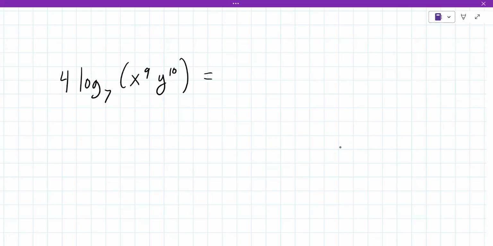So it would be 36 log base 7 of x plus 40 log base 7 of y. You got it. Very good.